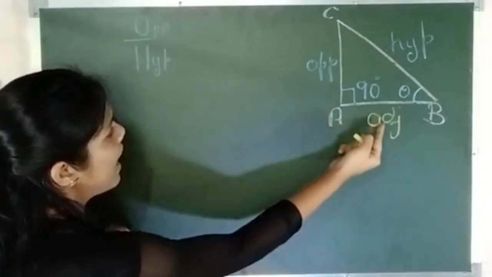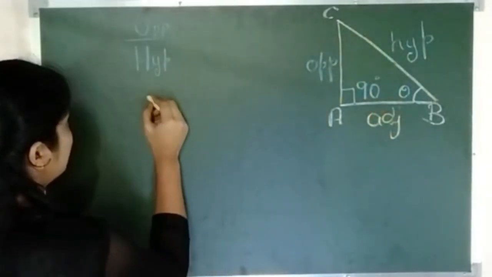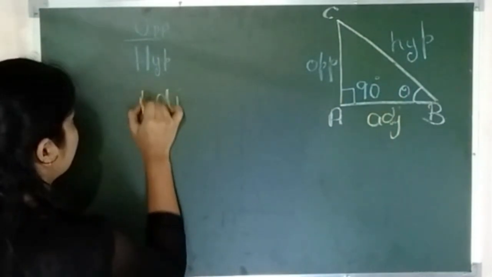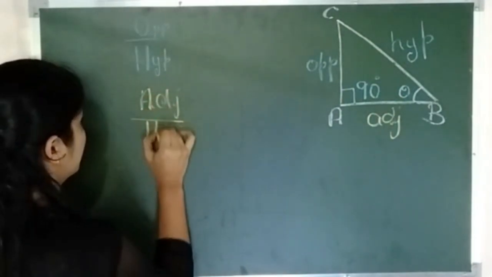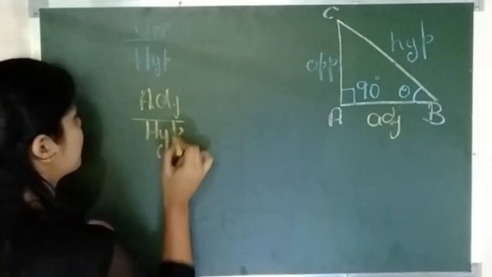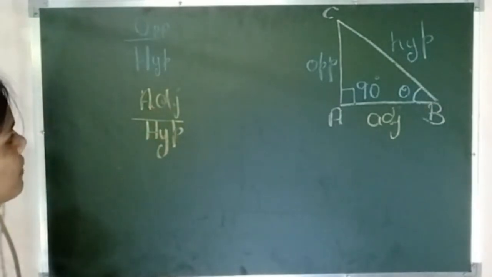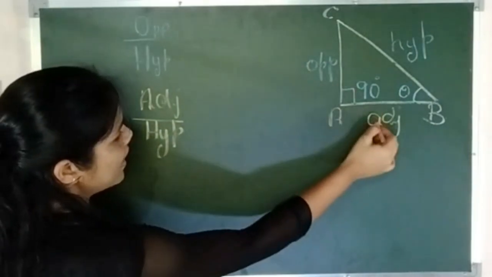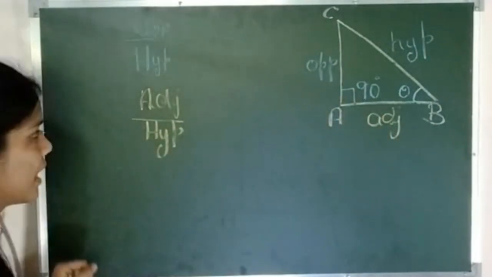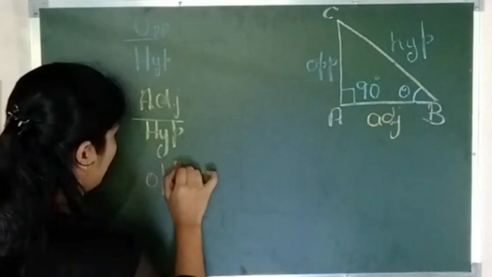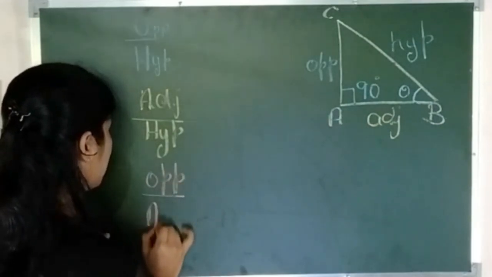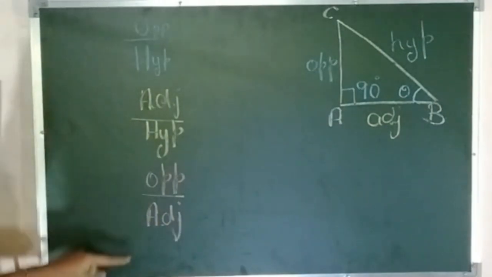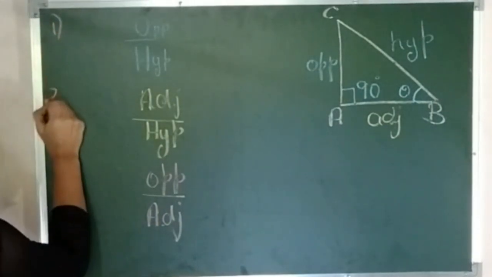The second possibility is the ratio of adjacent side and the hypotenuse. And the third possibility is the ratio of opposite side and the adjacent side, opposite divided by adjacent. These are the first three possibilities.